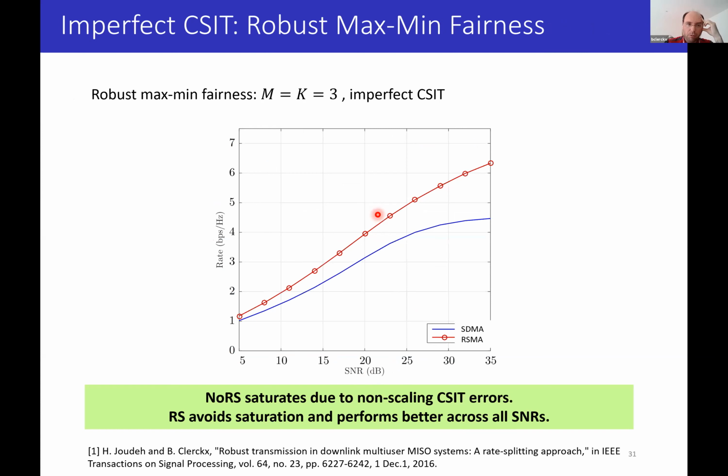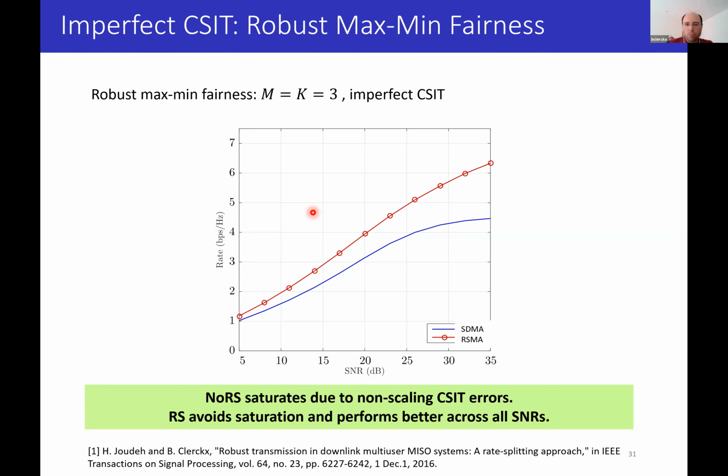Right, another example here is a scenario where we have a robust max-min fair design. That means that the channel state information errors that we have are bounded within a ball.